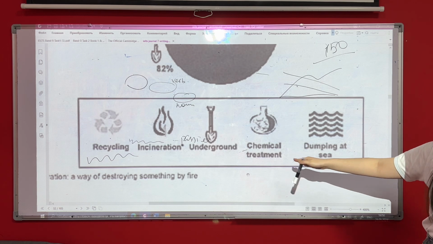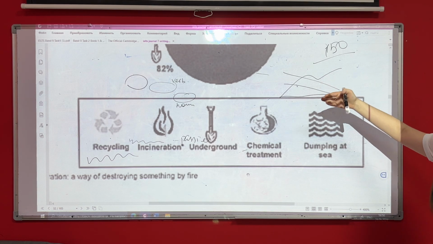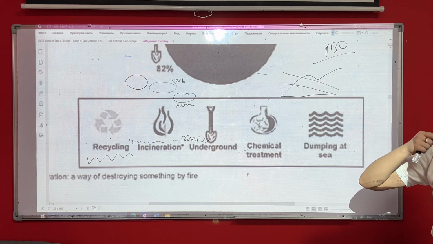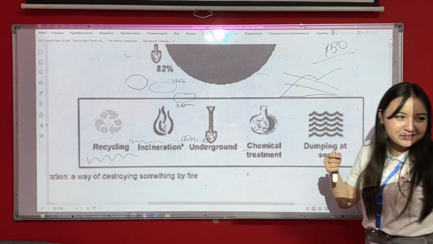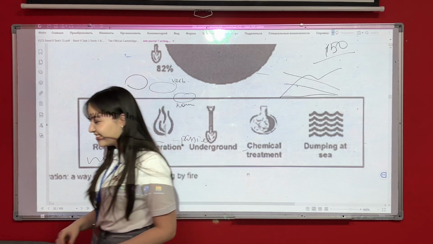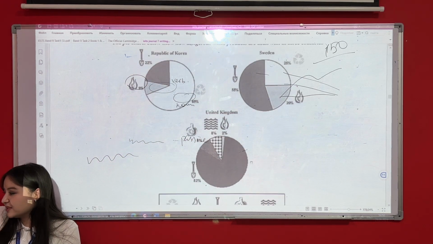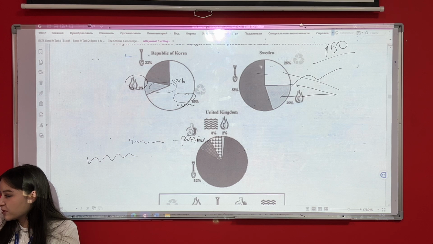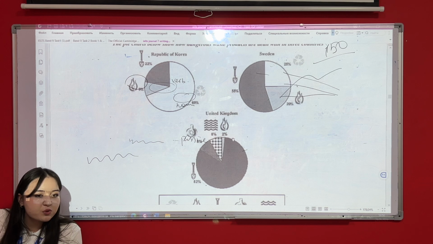Right? So these are the parts which were provided with percentages. Is it understandable, guys? Yes. Good. So here it is. We can see that the black one is about underground, right? So it means that they are buried. What does buried mean?